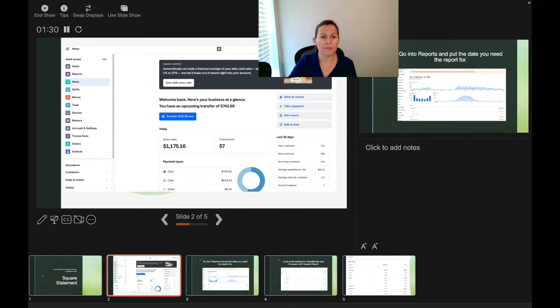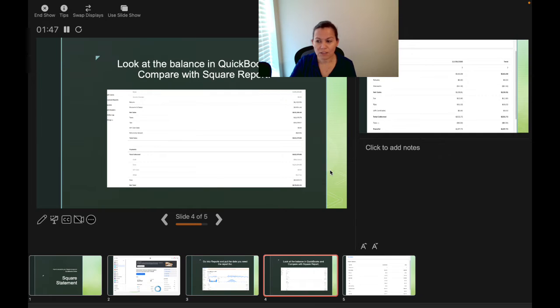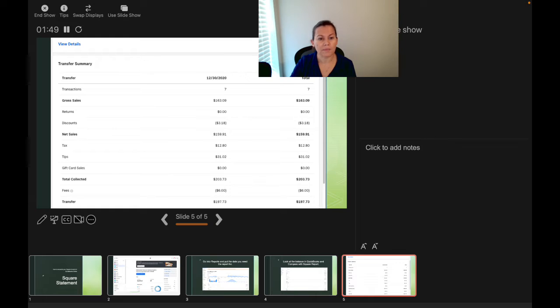Okay, from the left-hand side menu in Square, you'd click on Balance. That's on the left-hand side, Balance, and then Transfers. And then transfers detail. Okay, and this is what you're gonna get. This is the summary of the transaction.